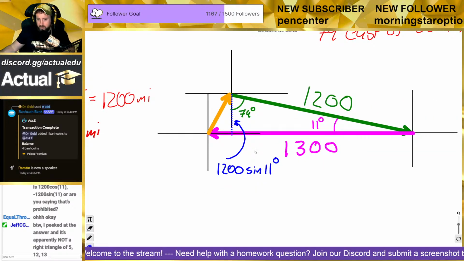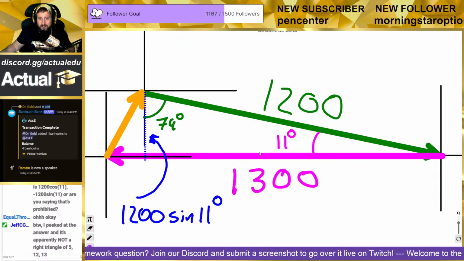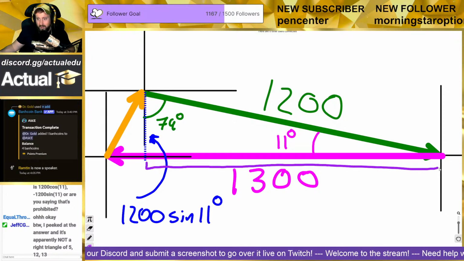Now that I know what that is, I can also figure out, I'm running out of colors. Let's figure out what this is. I'm going to figure out the length from here to here. I'm going to show you why we're going to do that.